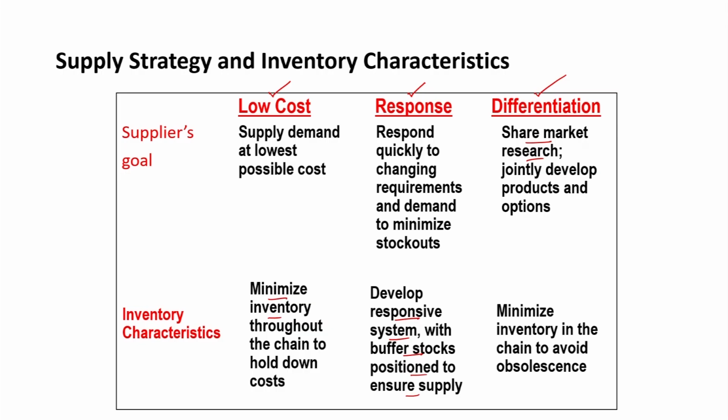so that I can respond to the requirements of the market very fast. Whereas, if it is a case of differentiation, where you are developing new products very fast, you can minimize the inventory in the chain to avoid obsolescence. Maybe you keep the parts or raw material ready, so that even if there is a change in design, you can supply it, but you try to keep minimum inventory of the product, because you are always in a mode of developing new products, and you have to avoid products or raw material becoming obsolete.